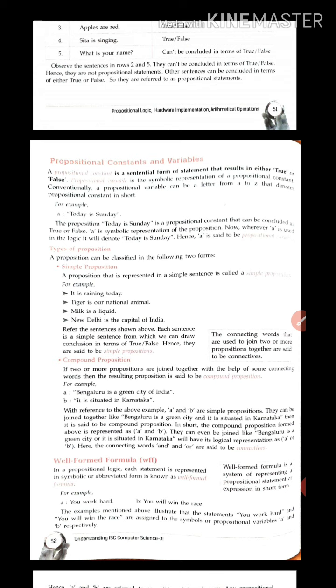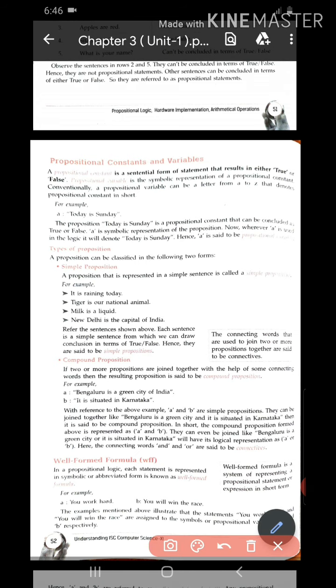In short, see, we have two things, propositional constants and propositional variables. Propositional constant, if I have a line "today is Sunday", it is the propositional constant. This line is not going to be changed, that is constant. And a variable, if I am using it to denote that constant, then that is a propositional variable. See here, one line we have.